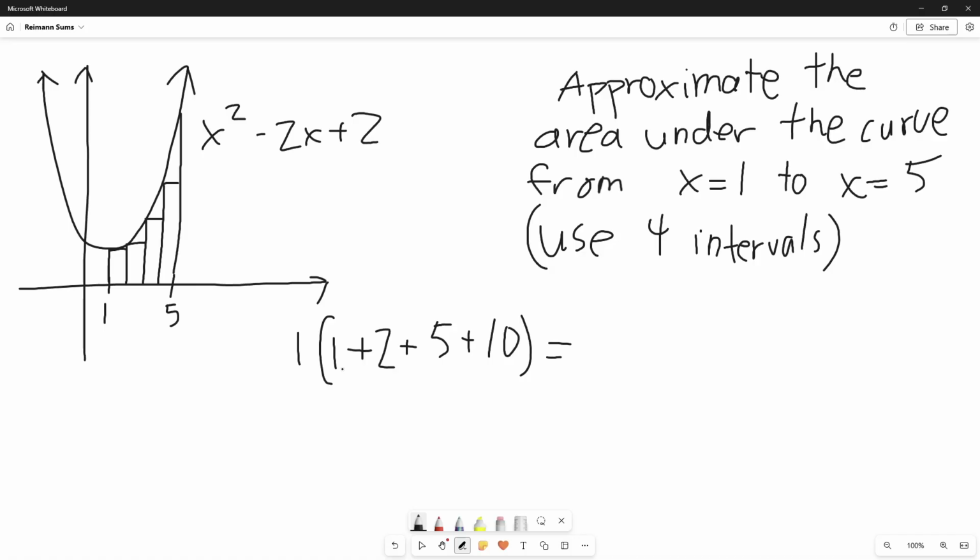When we add them up, we get 1 plus 2 plus 5 plus 10, which is 18 units squared, or whatever our area is going to be.